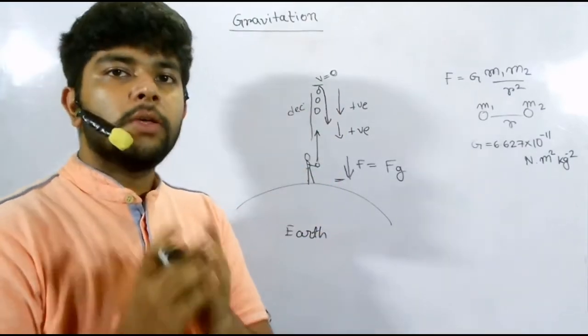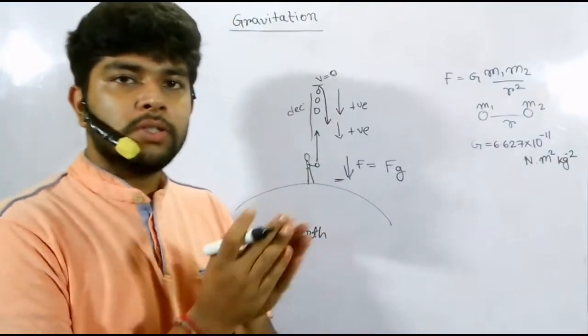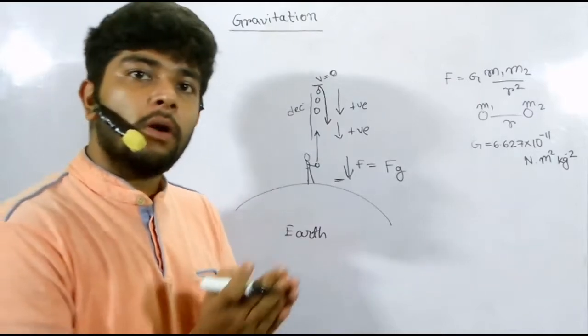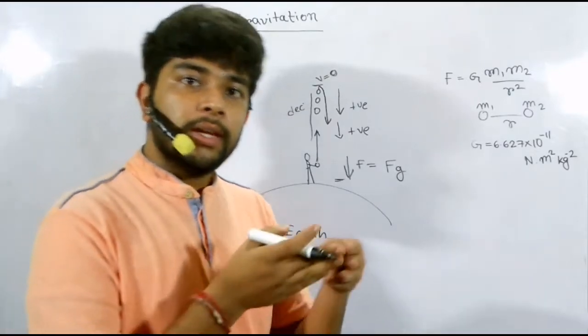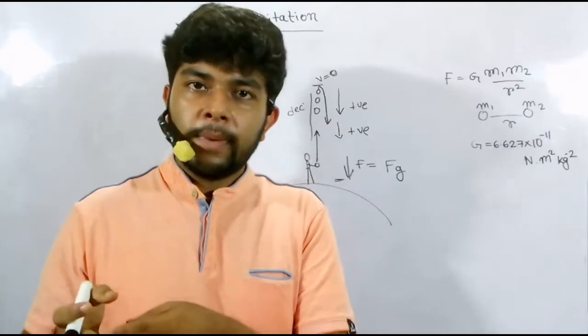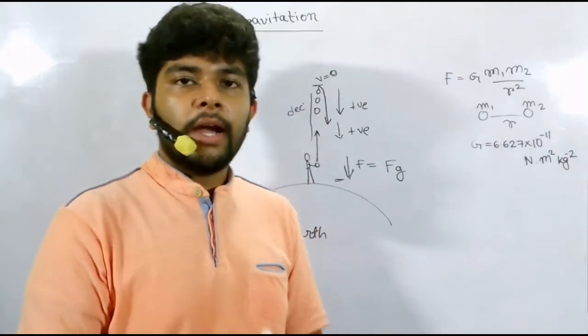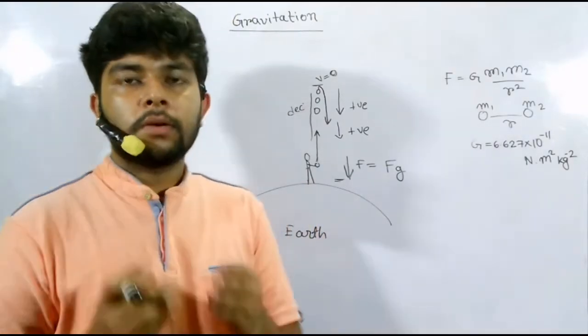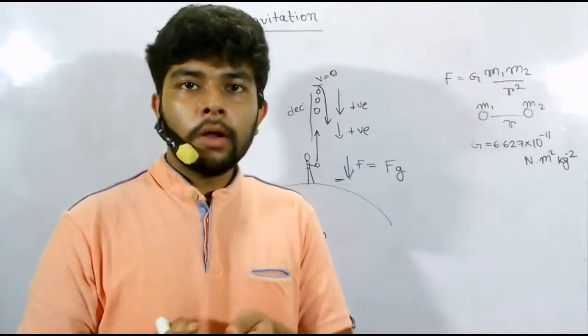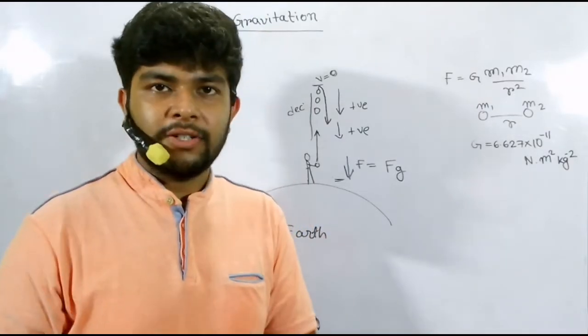What is acceleration? When velocity changes with respect to time, that is called acceleration. If the velocity increases, that is called positive acceleration or acceleration. And if the velocity decreases, it is called negative acceleration or retardation or deceleration.